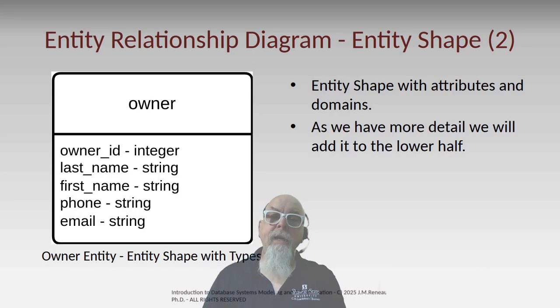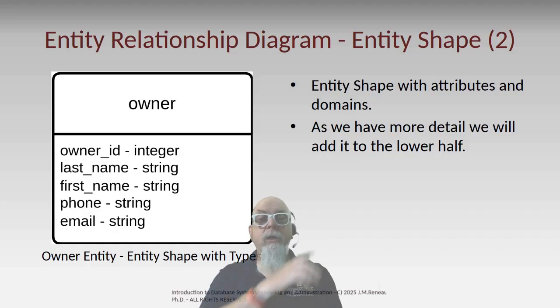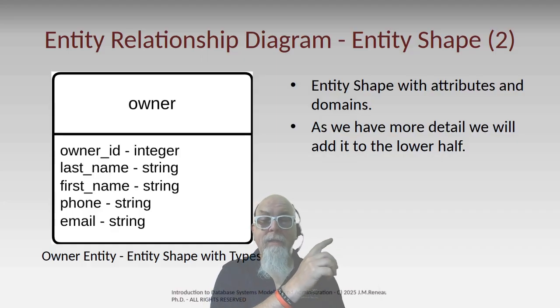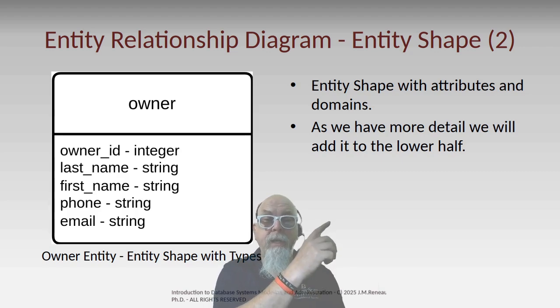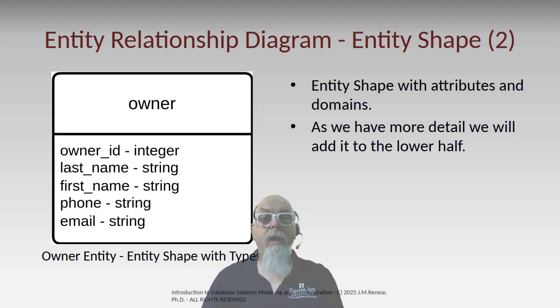Here's a second example of an entity relationship diagram that includes the type of the domain along with the attribute.